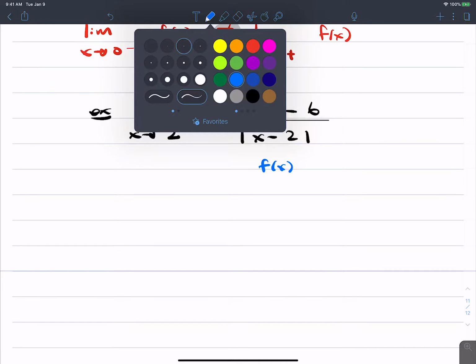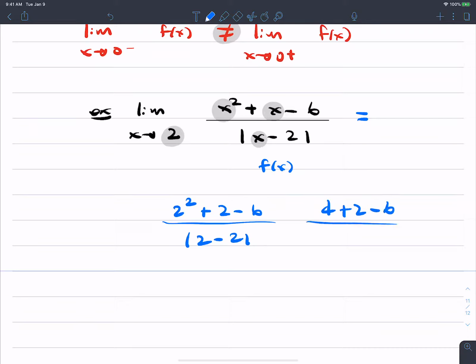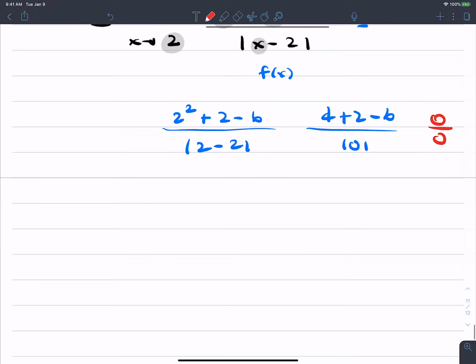Okay, by direct substitution, we replace 2 wherever there's an x. So we get 2 squared plus 2 minus 6 over the absolute value of 2 minus 2, which is 4 plus 2 minus 6 over the absolute value of 0. And that gives you 0 over 0, which is indeterminate.